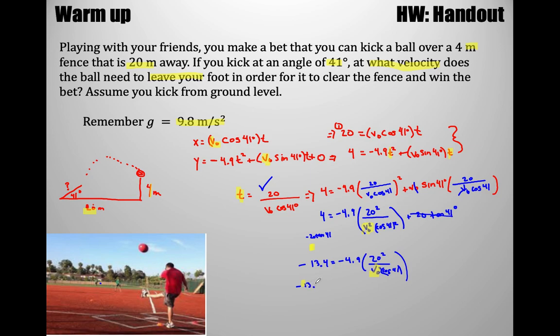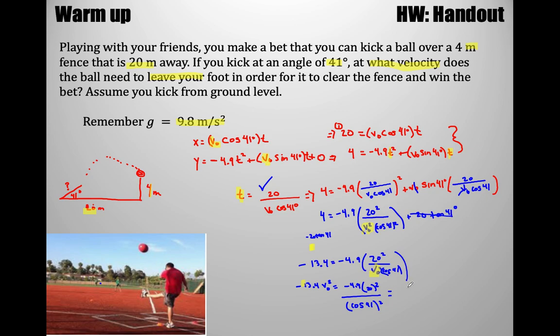Anyway, I get negative 13.4 v sub 0 squared is equal to negative 4.9 times 20 squared all over cosine of 41 squared. And then what am I going to do from there, right?